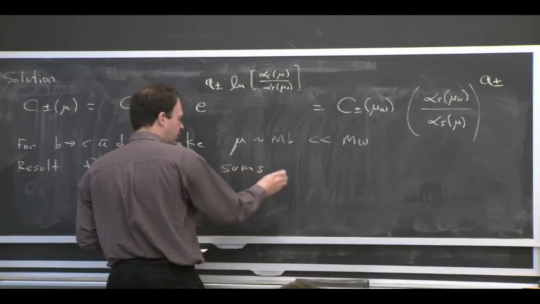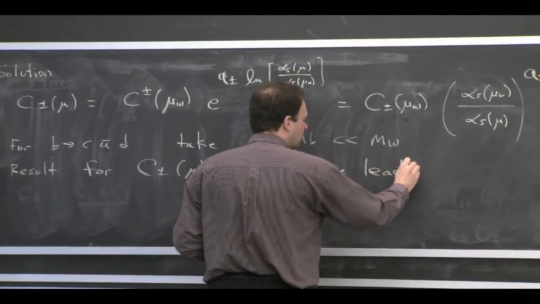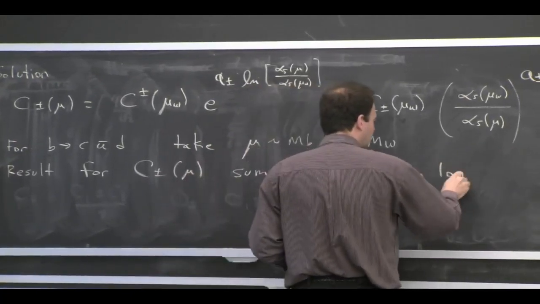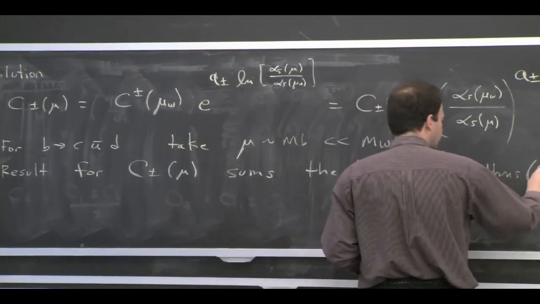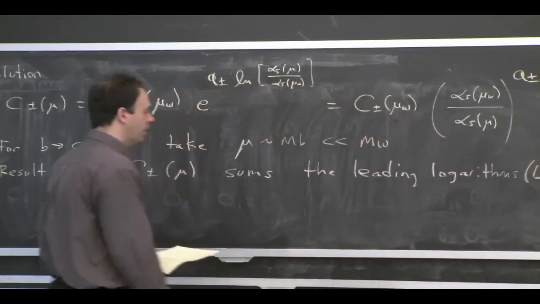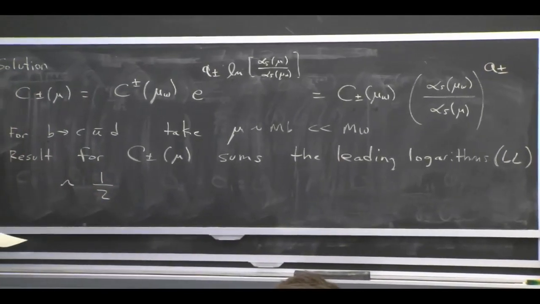So our result here sums what are called the leading logarithms, which is denoted by LL. And schematically, the lowest order term was a half.